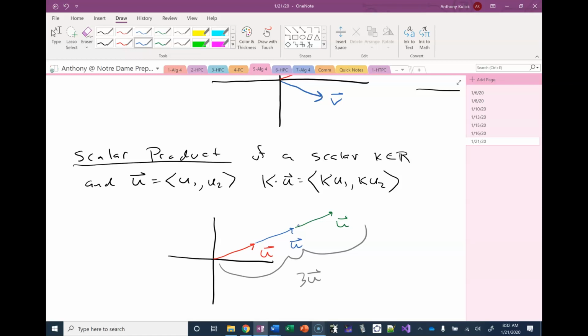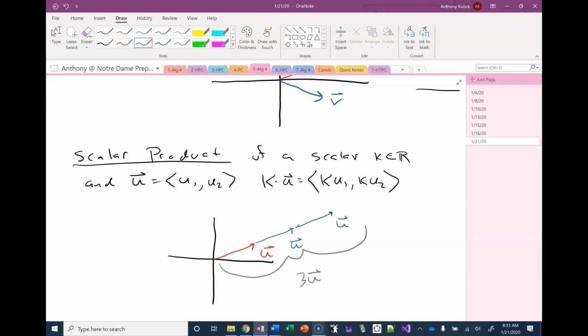Has the direction changed when we did this? No. What's the only thing that has changed? The magnitude, right? How much is the magnitude changed by? 3 times, right? It's now 3 times as long as it was before. The scalar will only change the magnitude.